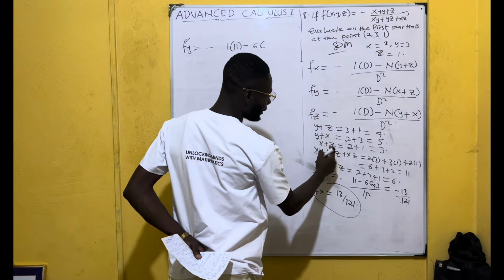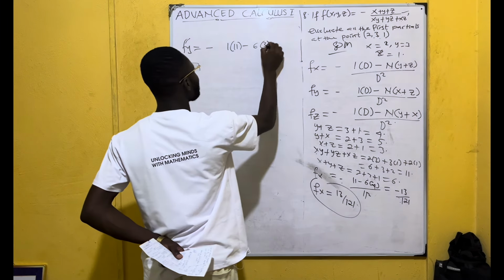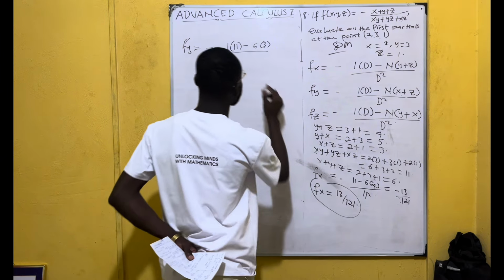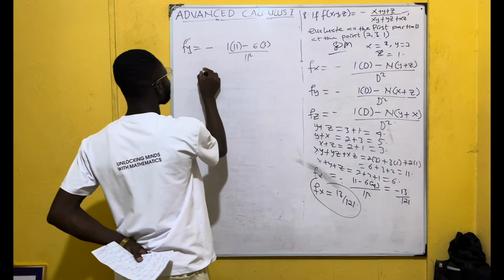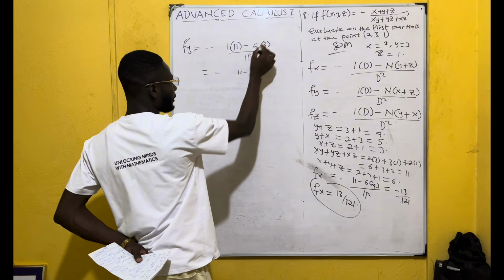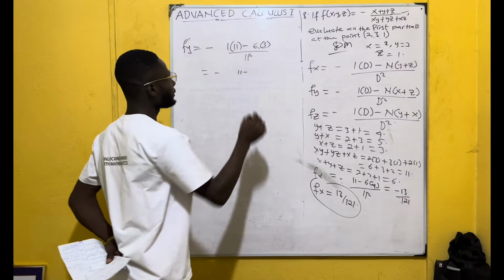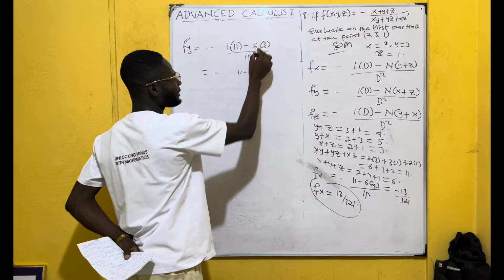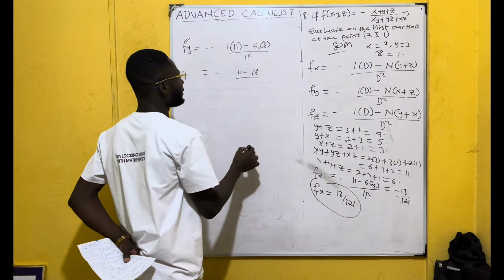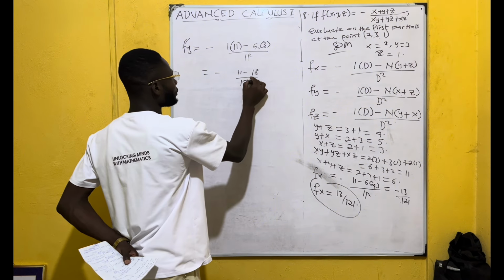S plus z here is 3, divided by this 11 squared. So we are going to have this 11 minus what? 11 minus 6 times 3 is 18. 6 times 3 is 18. So we have over 121.